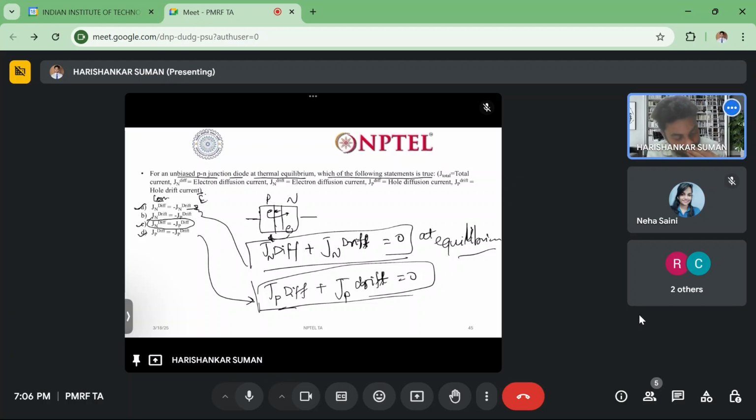Once the depletion region is formed, an electric field is there, so drift current will be there, and drift current increases while diffusion stays the same. They are opposite in sign, opposed to each other, and drift becomes equal to diffusion, so there will be equilibrium at some moment.